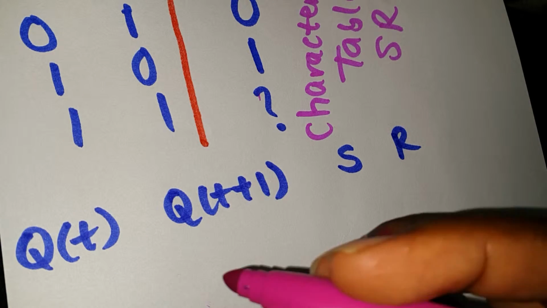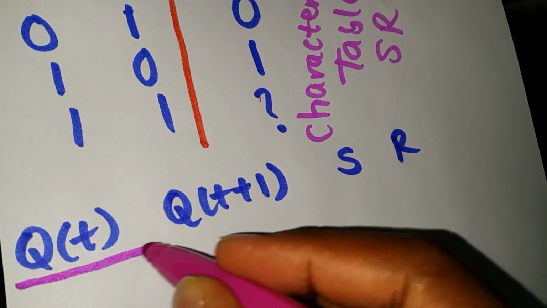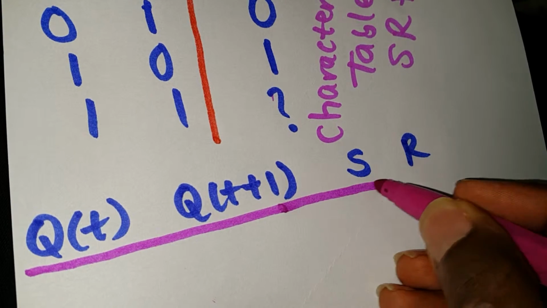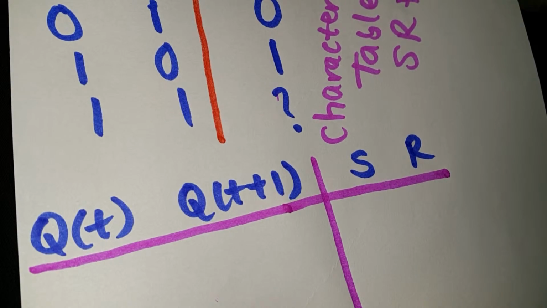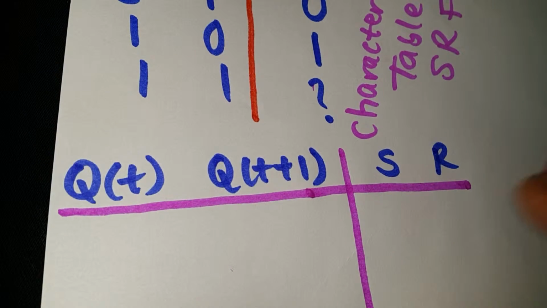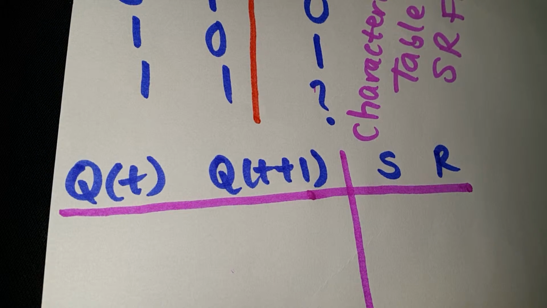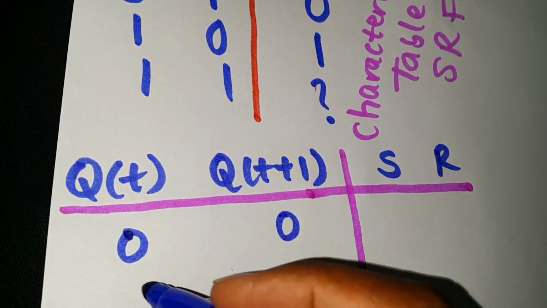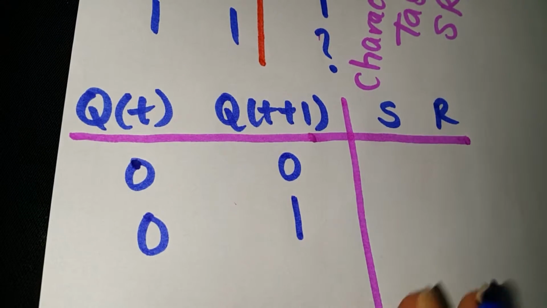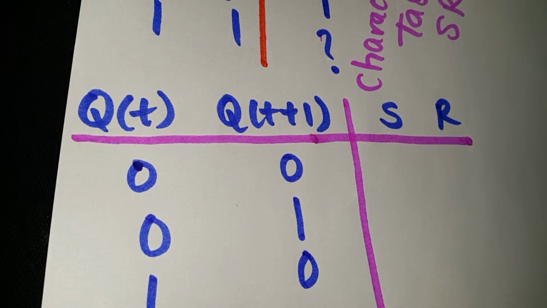This is what you have to write for you to be able to construct your excitation table. So this is what we have so far, and we have 0 0, 0 1, 1 0, 1 1.